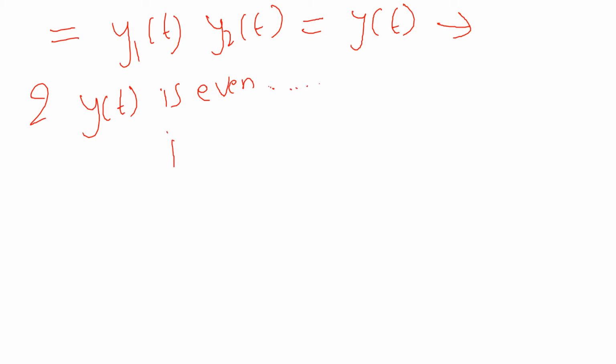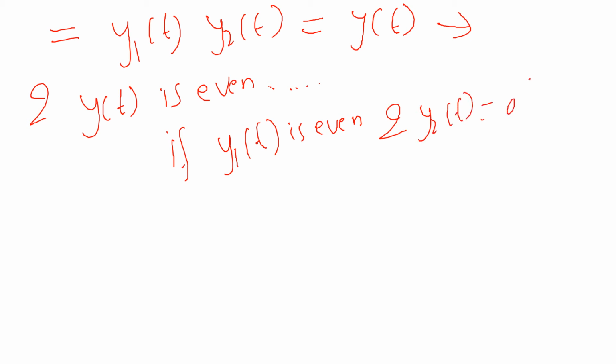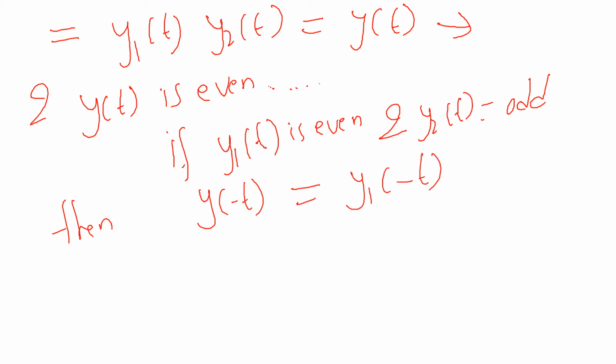If y1 of t is even, I am just solving the question, and y2 of t is odd, then how can I write this? Y of minus t is equal to y1 of minus t into y2 of minus t.